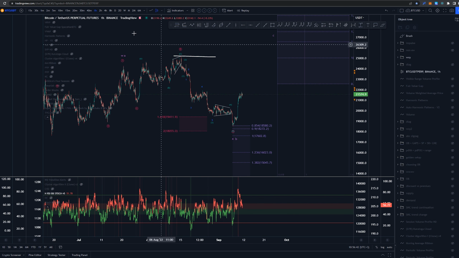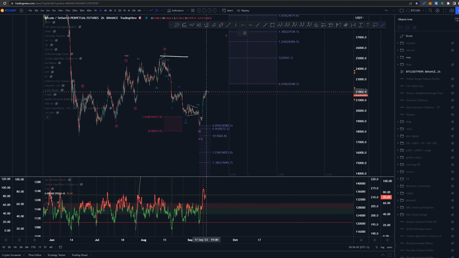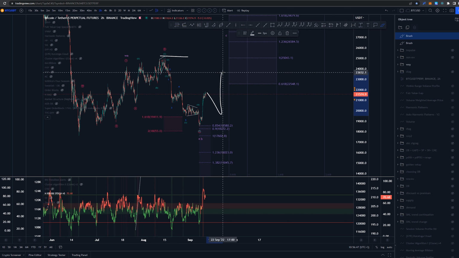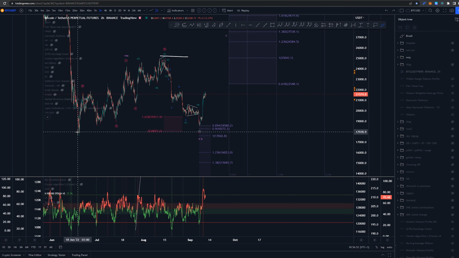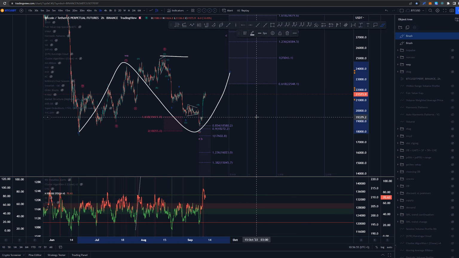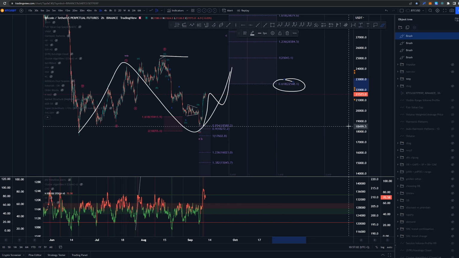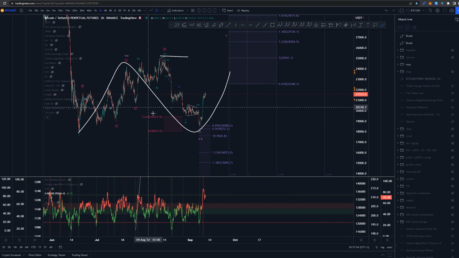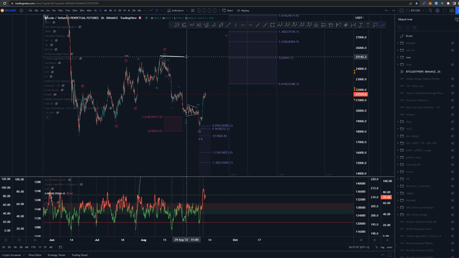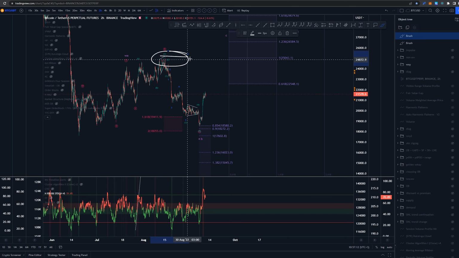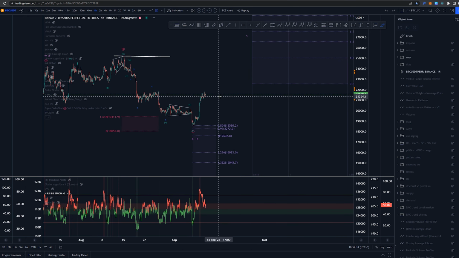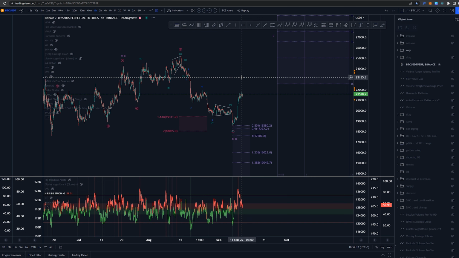Of course, when we have created such a thing like so, we could still be saying that this could still be the X wave, and we could have this as a 3-way structure like so, where this last leg would be that WXY that has reached the 0.618 extension of this first leg over here. So that's why if we are heading up higher, I do feel like, and hope we take out this high, that would at least give us some clearance on the higher time frame counts as well.